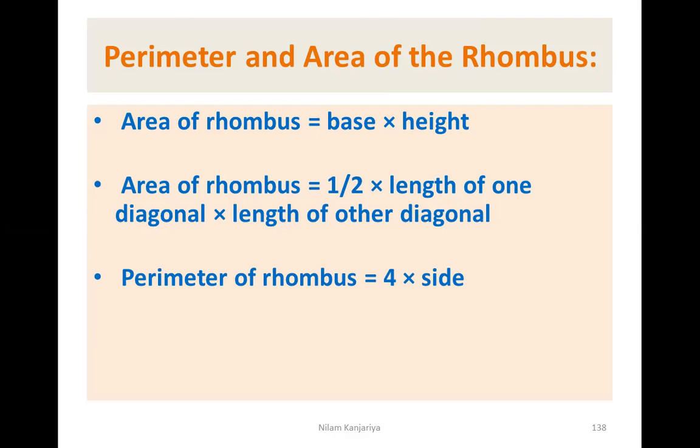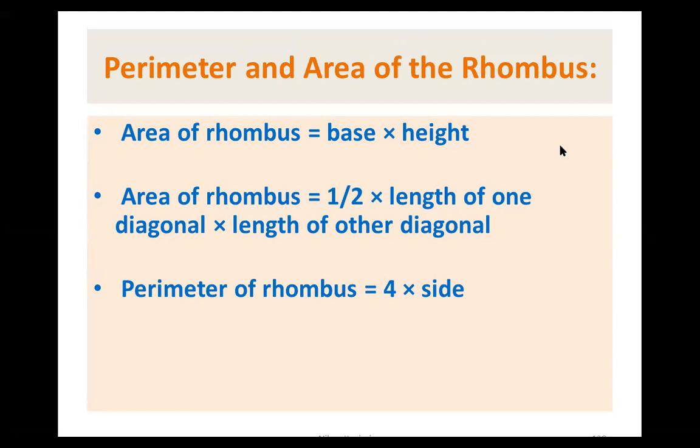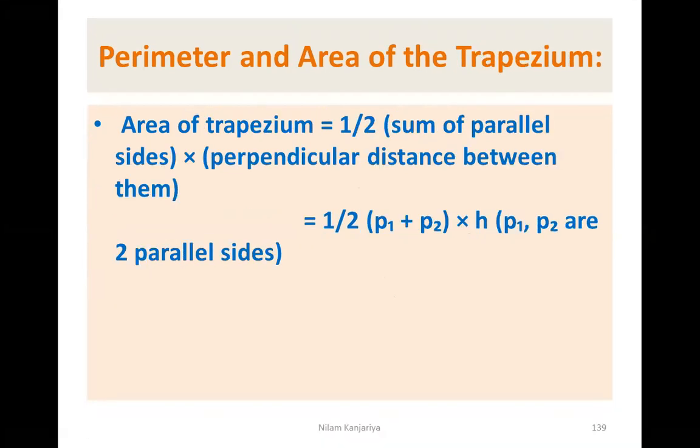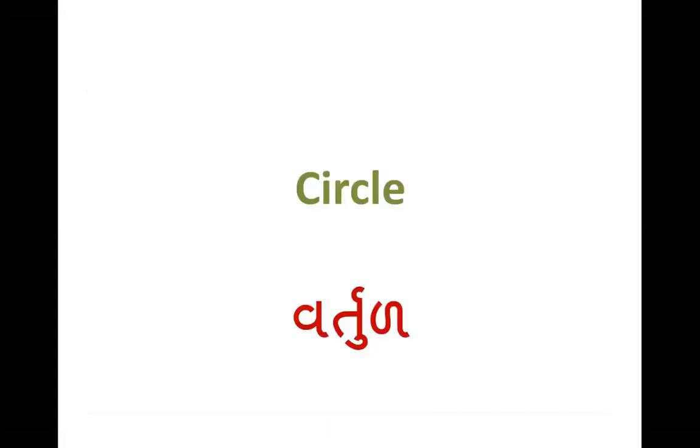So we discussed all this in the previous lectures. And for the trapezium, the area is the sum of the parallel sides multiplied by its perpendicular distance, halved. So these are the formulas to find the area and the perimeter.